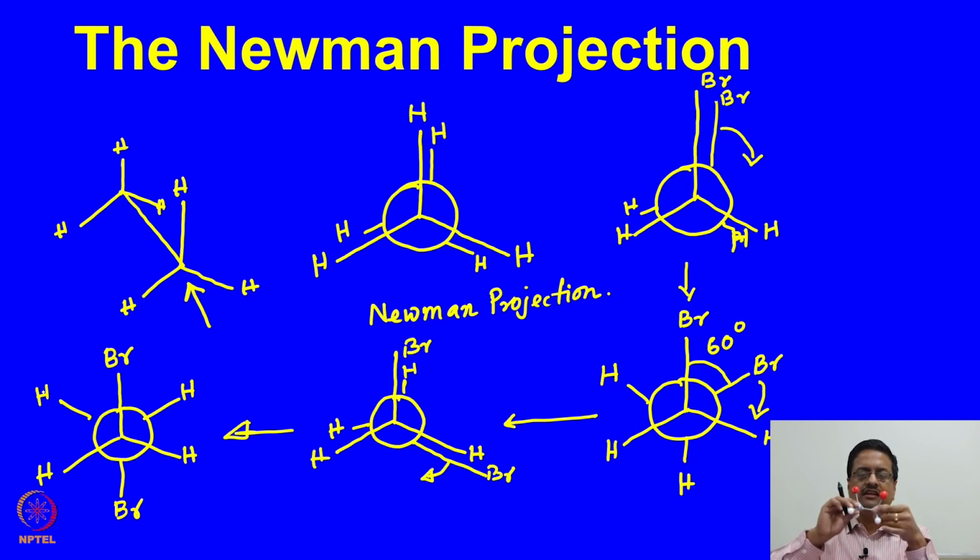Just by rotating the C-C bond, you are able to make different arrangements of those atoms just by rotation. So, these are conformations, not configurations, and these are very important in various organic reactions, which we will see at a later part of this course.